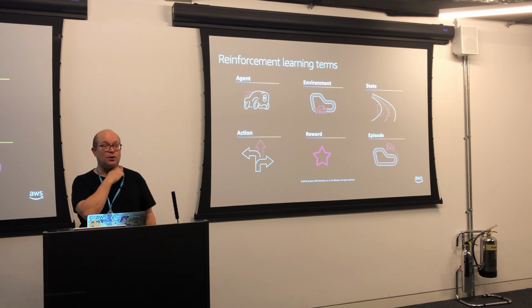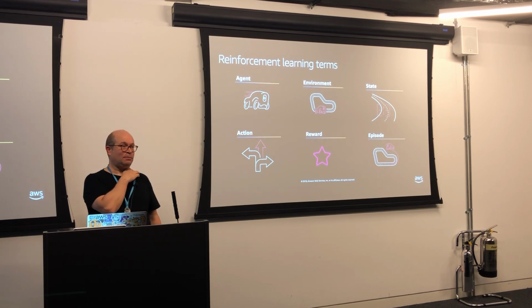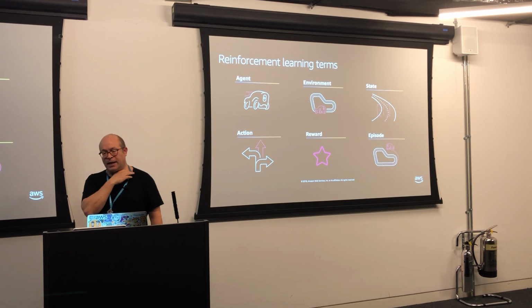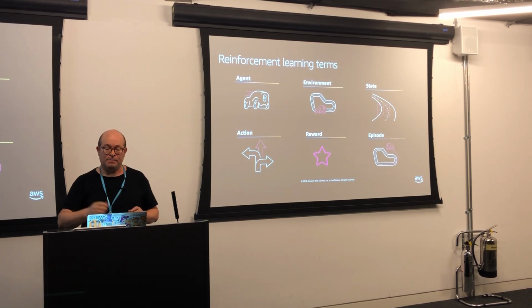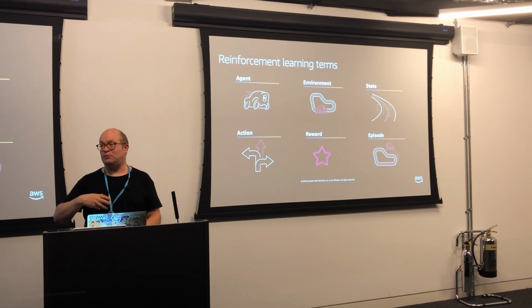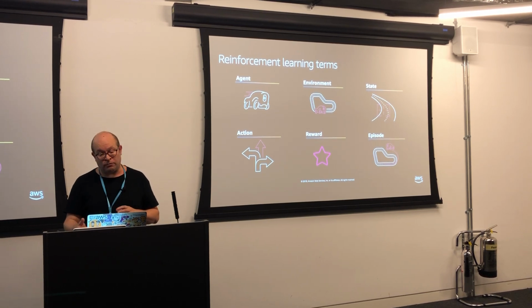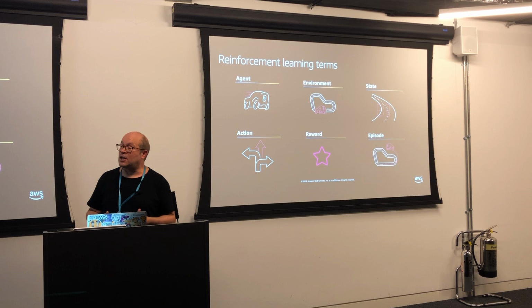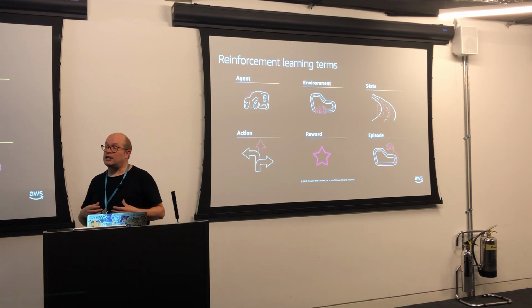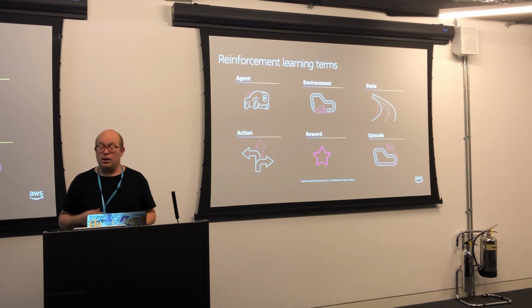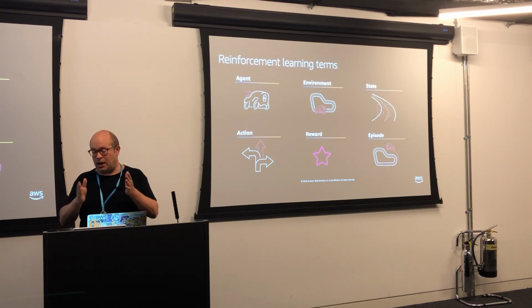So was that a good manoeuvre or a bad manoeuvre? Once it goes from one state to another state, it is capturing whether that was a good move or a bad move. And then the concept of an episode is when the car is learning to go around the track, we measure either a completed lap or when the car leaves the field. So when it goes off the track, we call that the end of the episode.